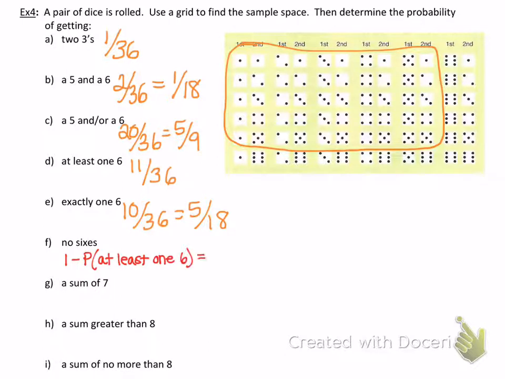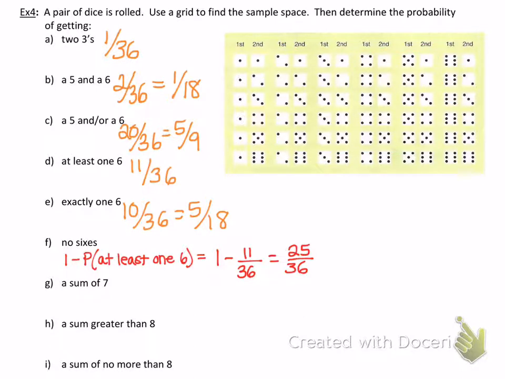I just found that above. So I have 1 minus 11/36, which equals 25/36. And if I were to count all the rolls in that orange box, I'm also going to get 25.